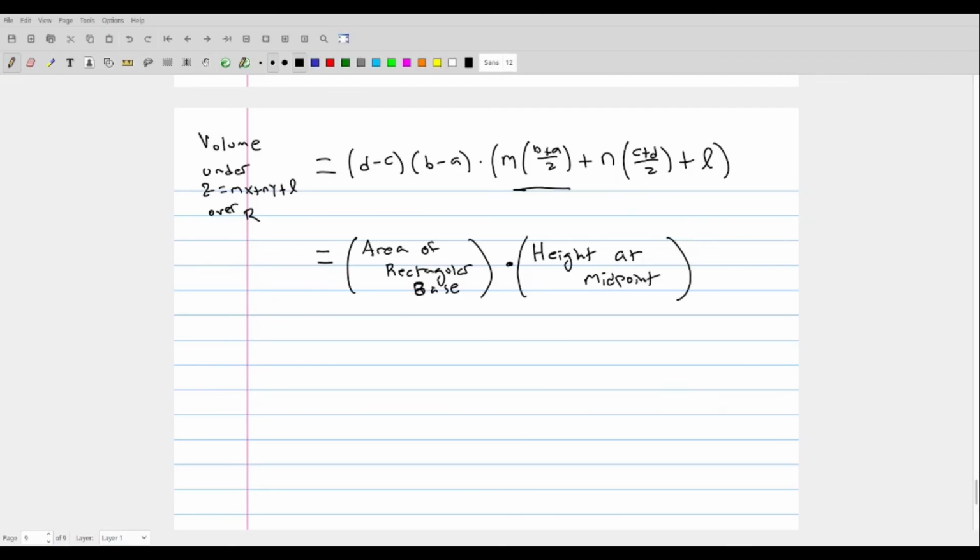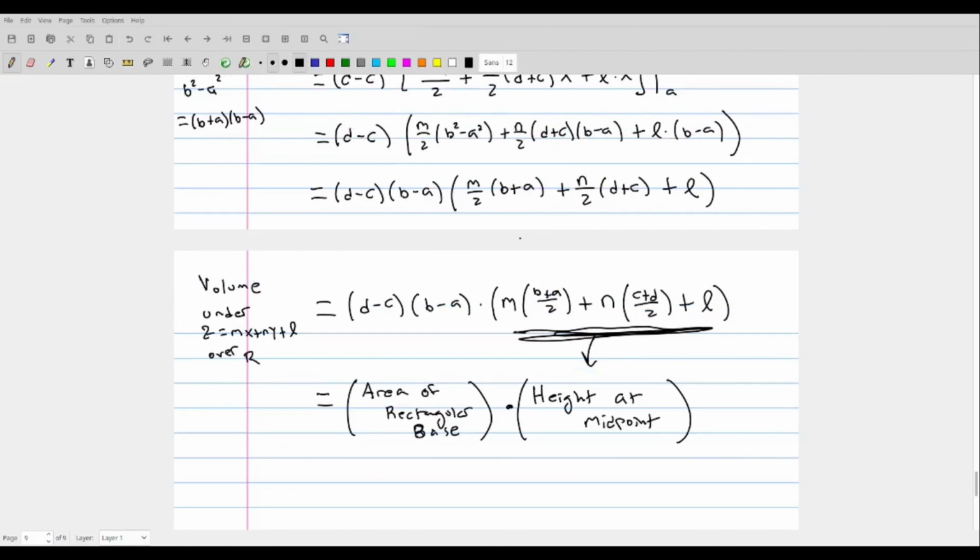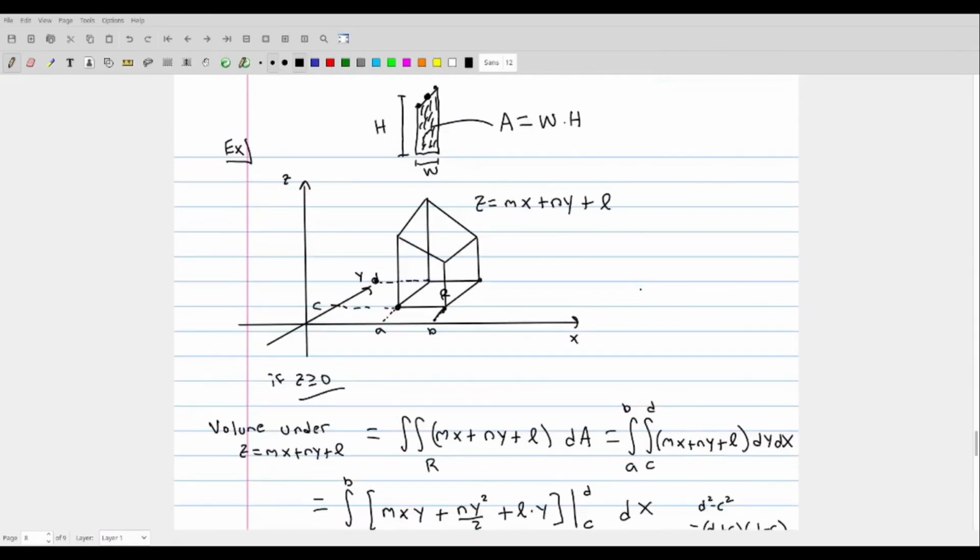Okay, this value in parentheses right here is the height of this pyramid at the midpoint, because b plus a over 2 is the midpoint, the average value of this base along x, and this is the average value along y, or along the y-axis. So this height at the midpoint is exactly the height at this point right here, at the midpoint of the parallelogram.